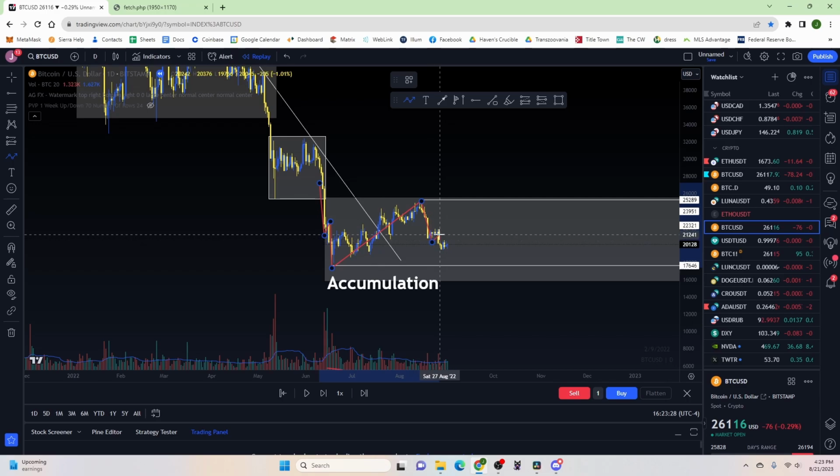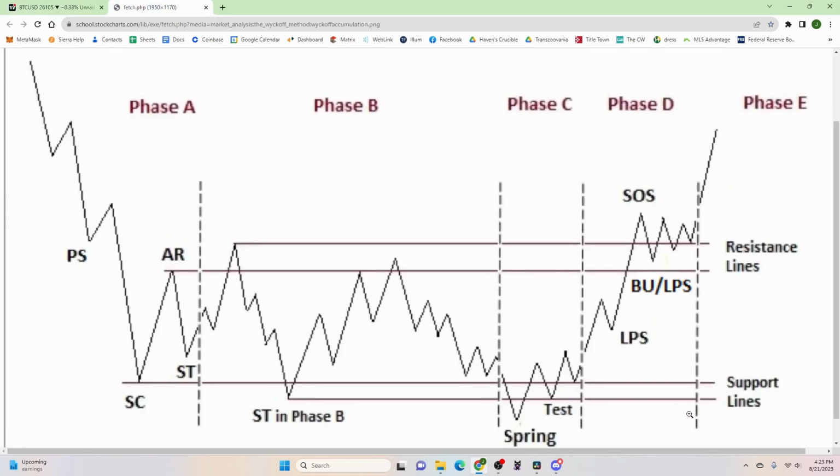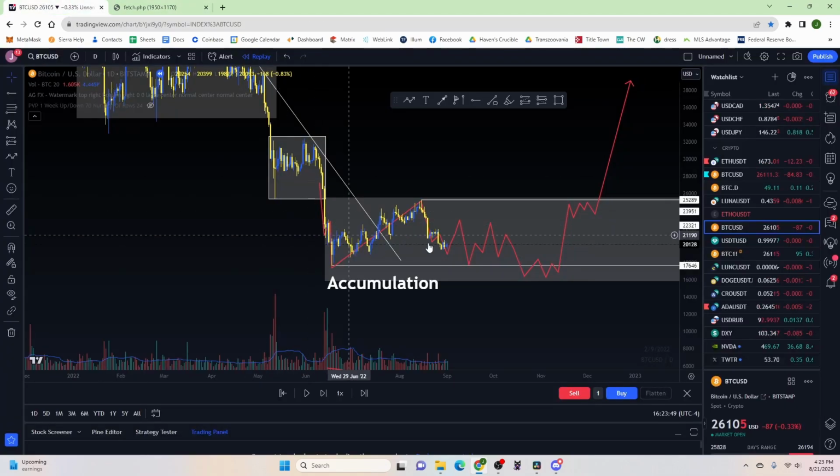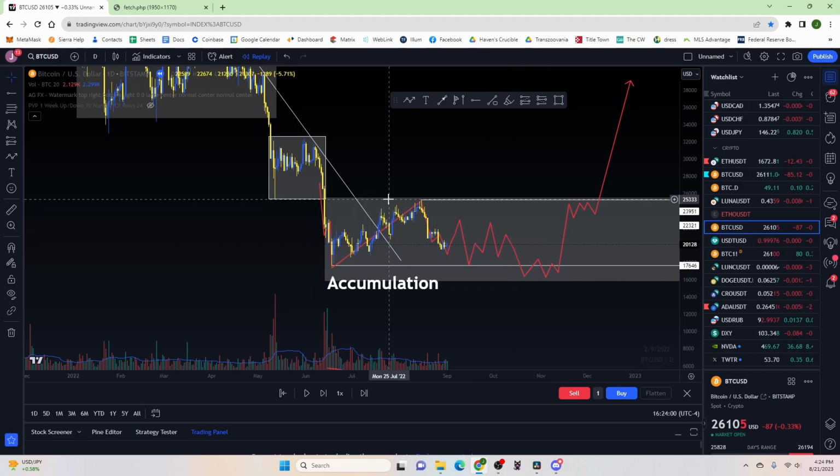Then we're going to come up again, do a support test here, then we're going to have our spring here, and then our SOS, and then we're going to pump. This is just someone taking this chart, or something like it, and copying and pasting it on here, and then using that as TA in a video. That's not what you want to do.